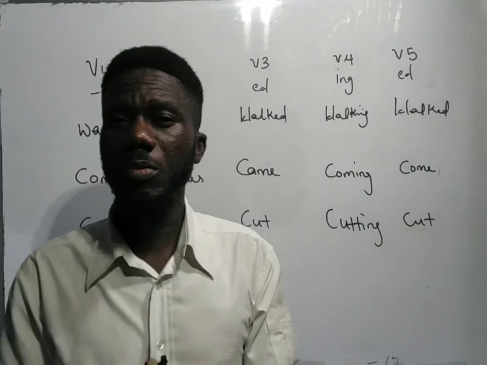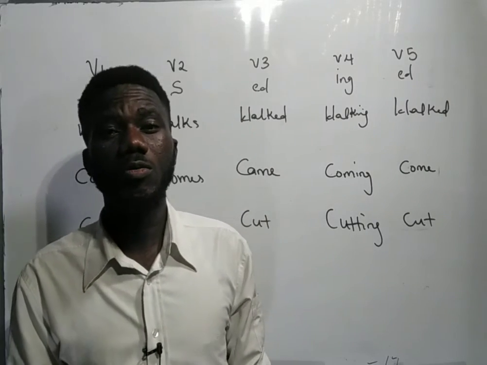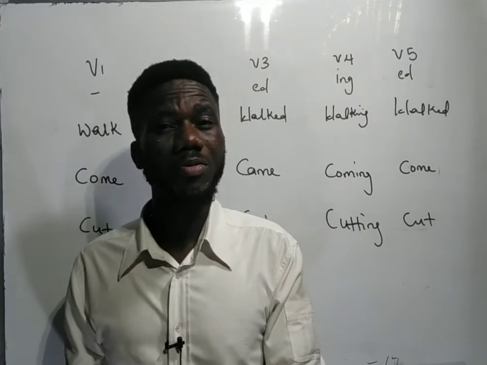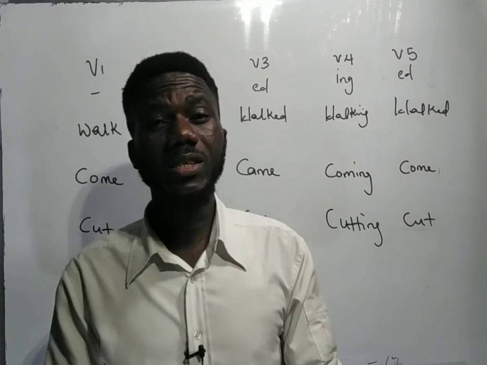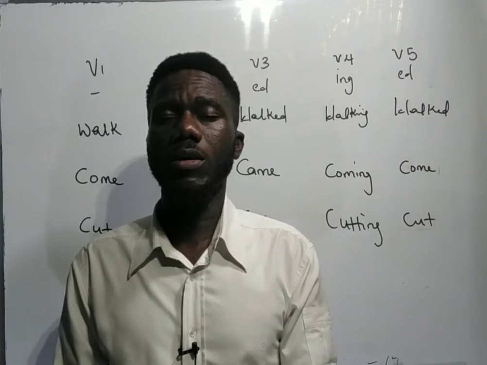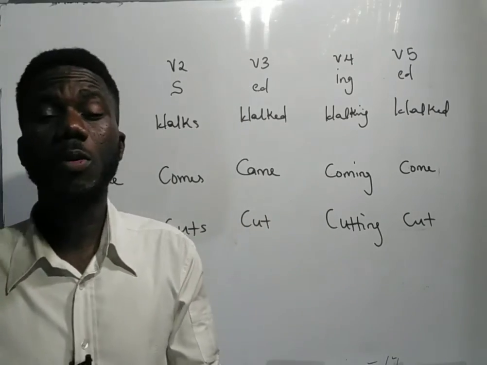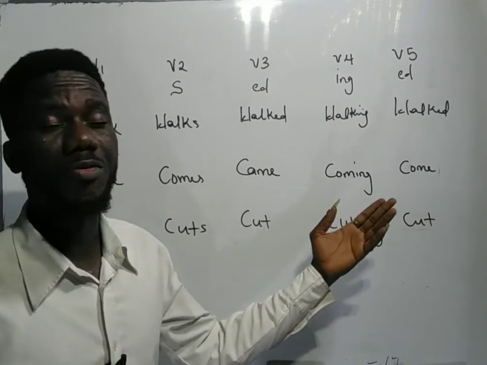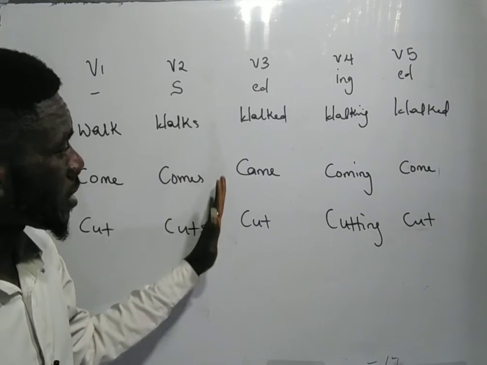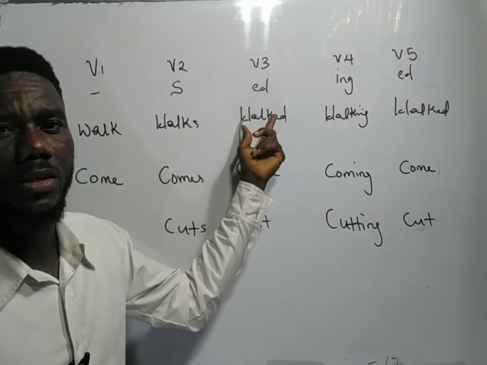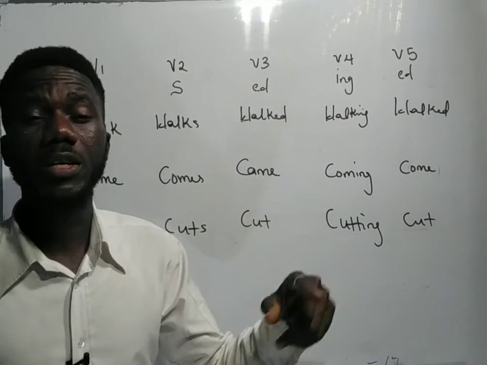That is a form of verb that does not accept ed for its past tense or its perfect tense form. Now, this is simply the difference between an irregular verb and a regular verb. So whenever you come across any verb at all, and under the past tense form it does not accept ed, it changes, that verb is an irregular verb.